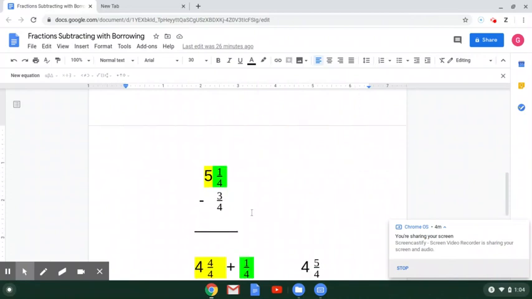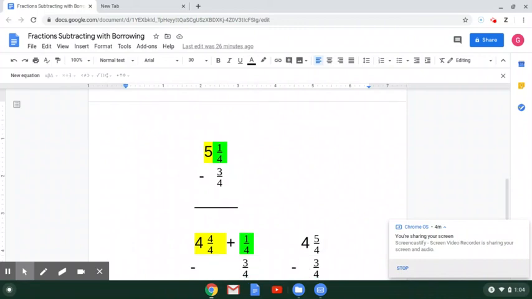This one will be 5 and 1/4 take away 3/4. So again, we've got a bigger number down here trying to take it away from a smaller number up there. So we've got to change the way we express 5 and 1/4.